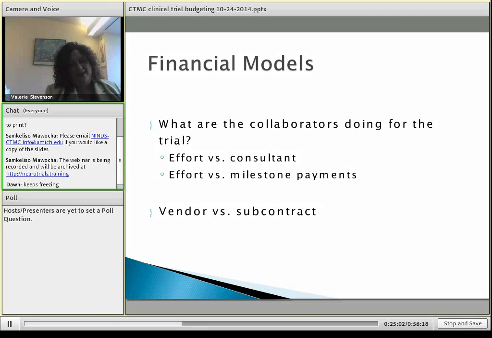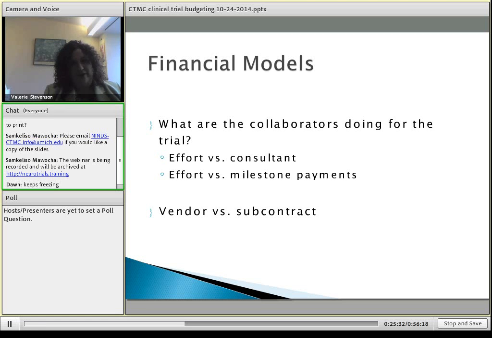It may seem straightforward to pay someone as a consultant, but you really need to have the person check with their institution to make sure they're available to participate in that capacity. Another thing when we're talking about what the collaborators are doing for the trial, they are participating in the science and they may be enrolling subjects, but the question is, are they enrolling subjects any differently than how they're enrolling at site A than at site B?